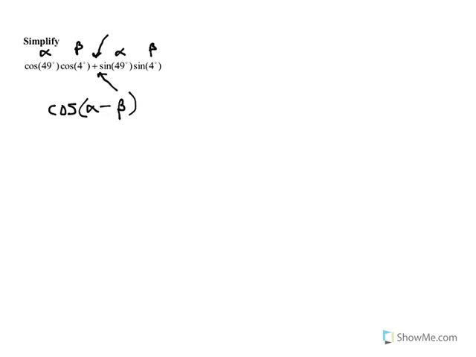And what is the alpha? Alpha is 49 degrees. Minus, what's the beta? 4 degrees. And then we can continue on with that. 49 minus 4 should get us 45.